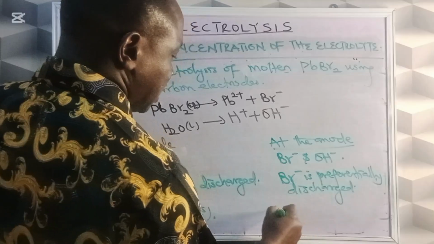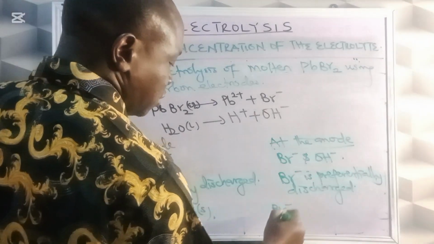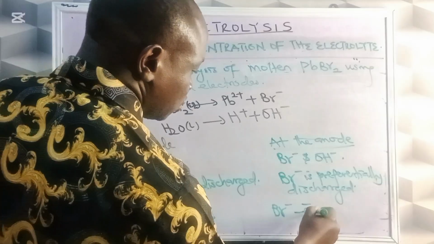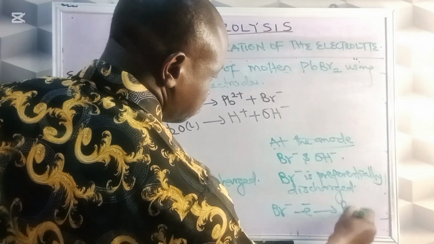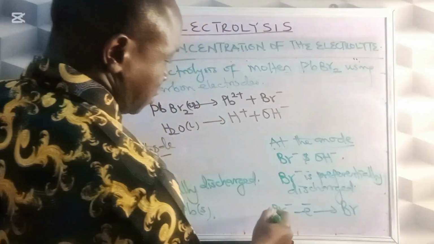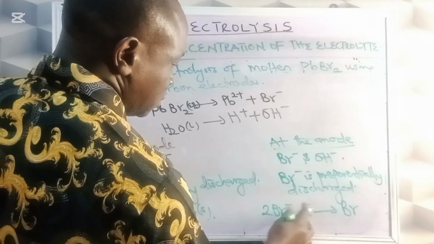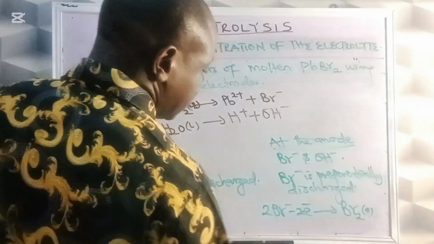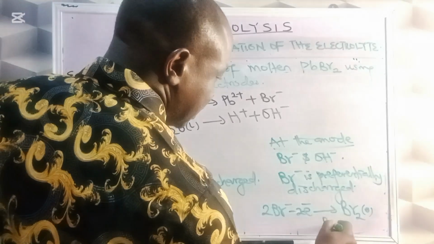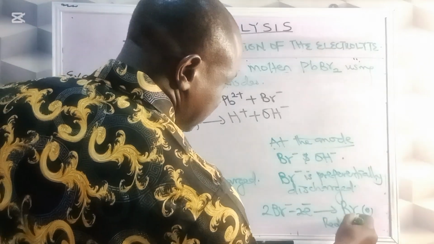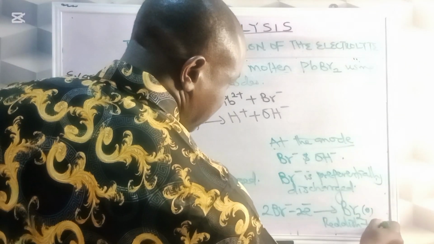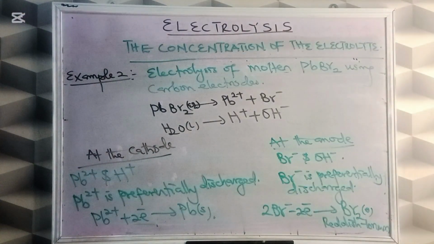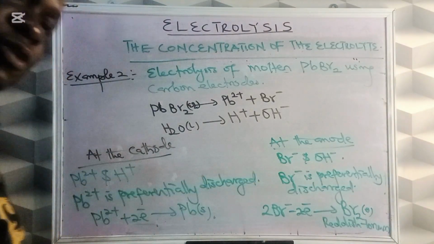So for that reason, we have Br minus. It loses an electron to become Br. So 2 here, 2 here, then bromine gas. And this is a reddish brown gas. The reddish brown gas is liberated at the anode.